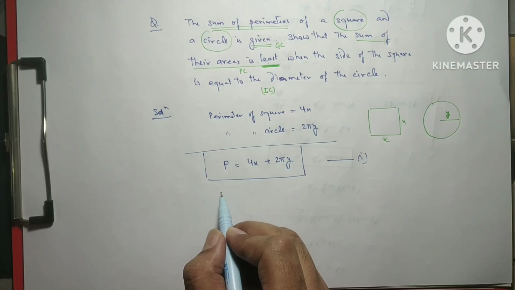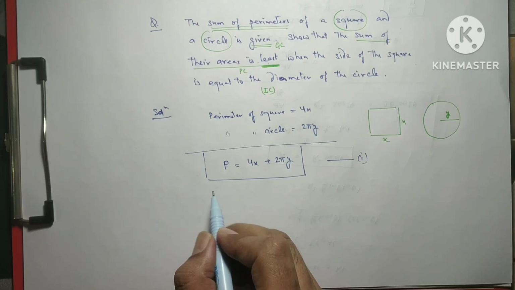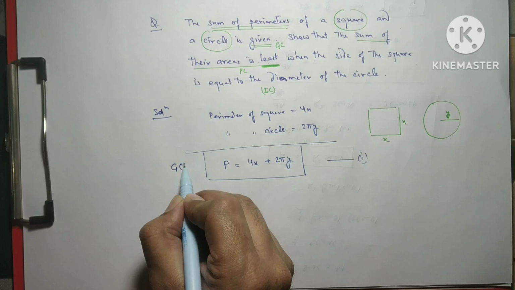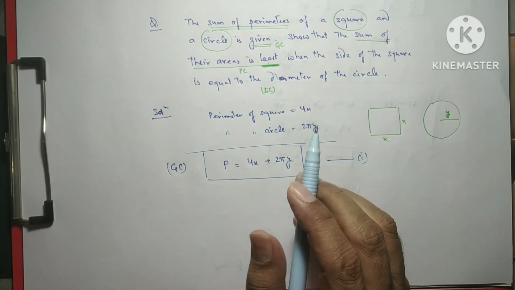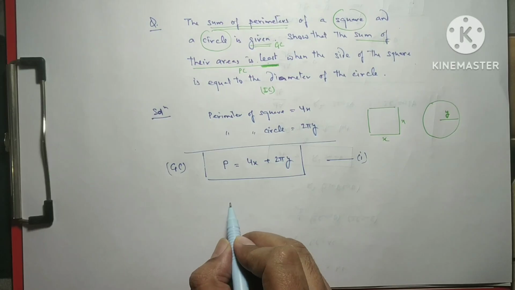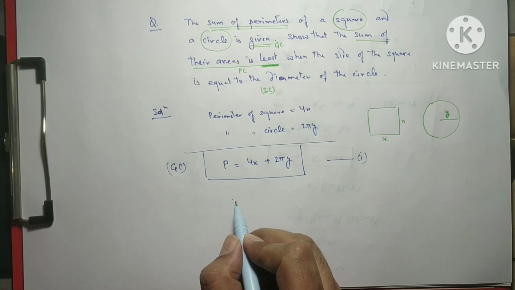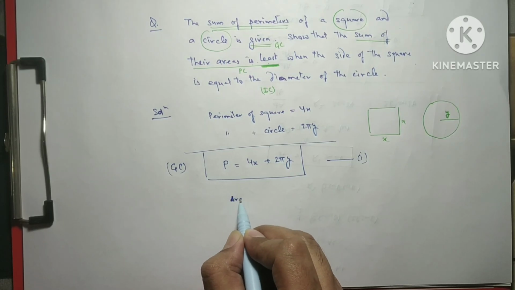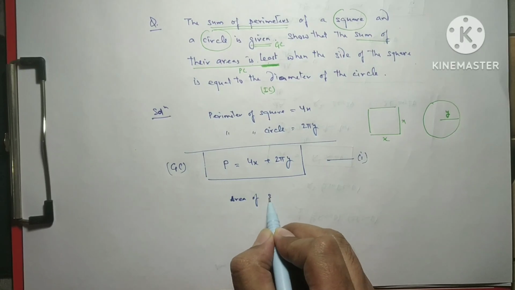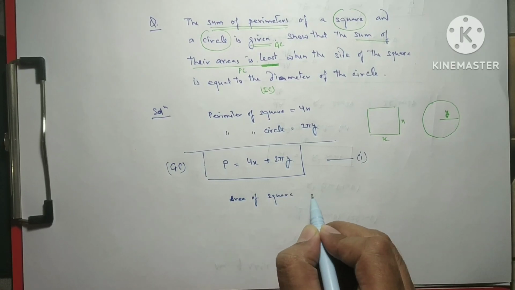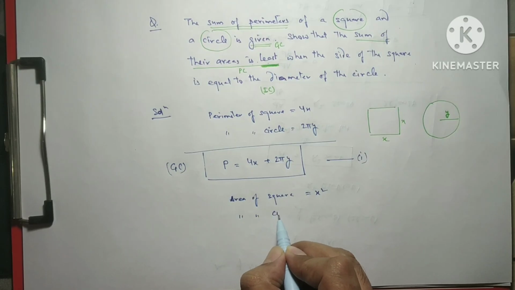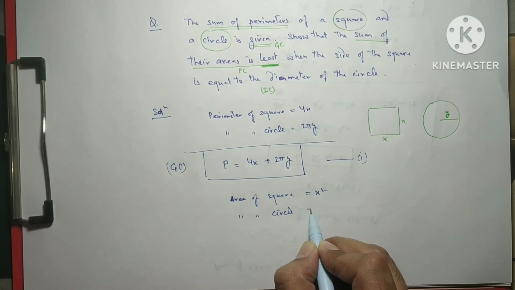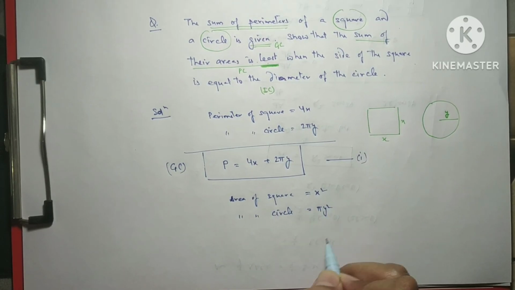Right, now the proving condition is, this is GC. We want the sum of the areas of these two figures. So the sum of areas: the area of the square is x square and the area of the circle will be pi y square.